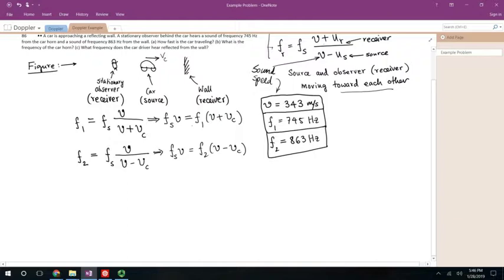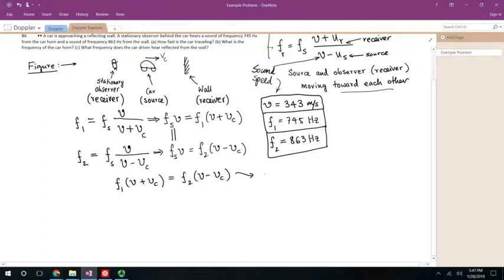Great, so now we have two formulae, but look, the left-hand sides are the same. So we can set the right-hand sides equal to each other. So we get F1 times (V plus Vc) is equal to F2 times (V minus Vc), right? And so from here, we can now simplify this equation, and we want to find Vc.